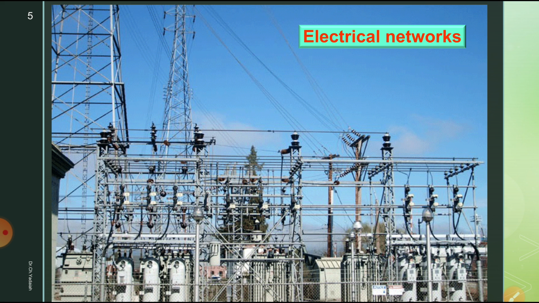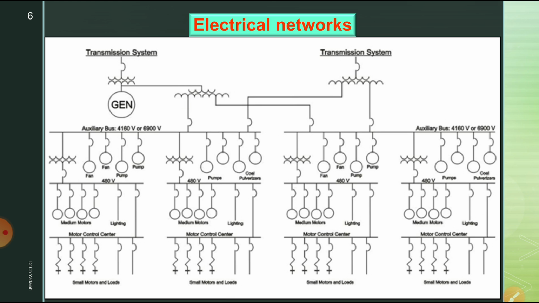This physical system is written in the form of electrical circuits. Now you can see we can write this substation as an electrical drawing. This is a simple electrical drawing where there are two transmission systems coming from different places.